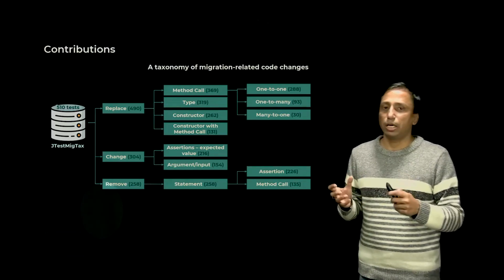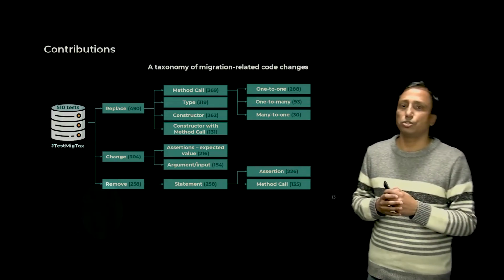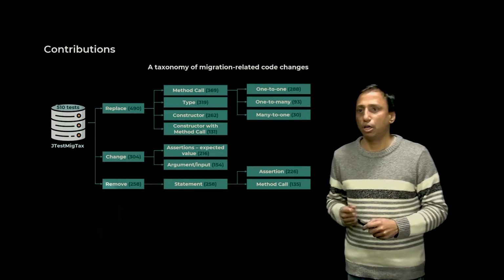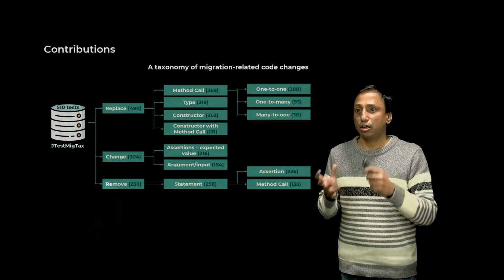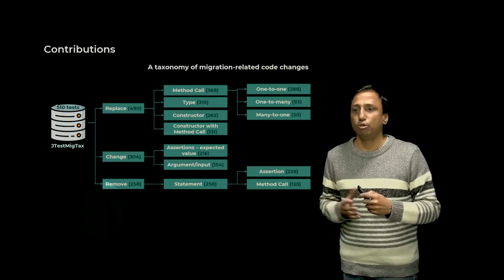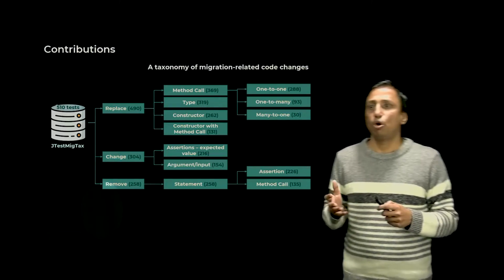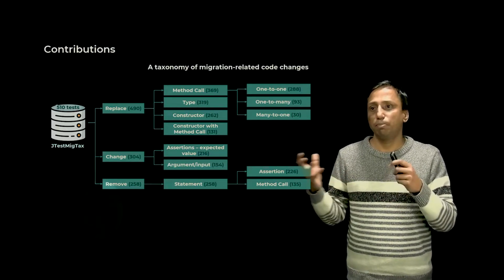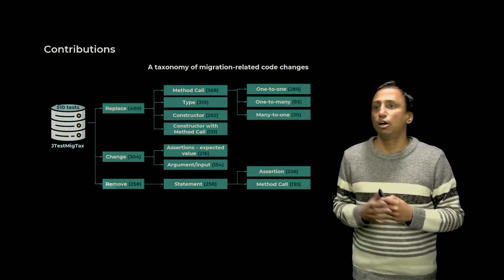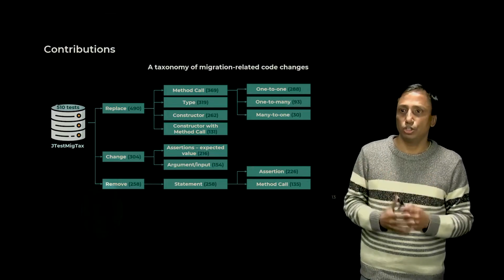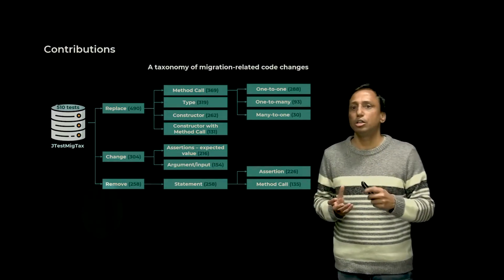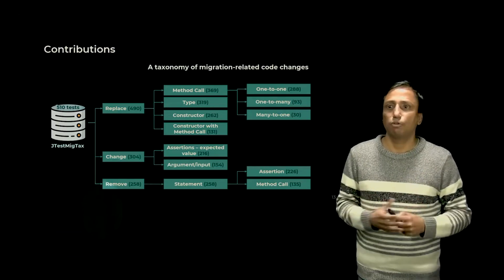We observed that to successfully migrate JUnit tests, we needed mainly three types of operations: replace, change, and removal. For example, we needed replacement in 490 of these 510 successfully migrated tests. And these operations needed to be performed on various types of code elements.